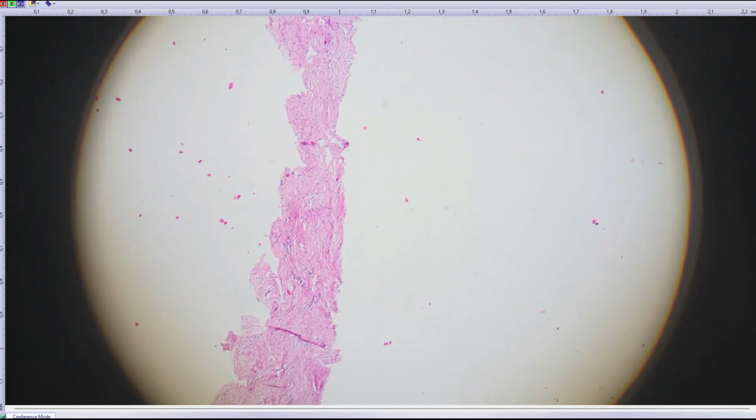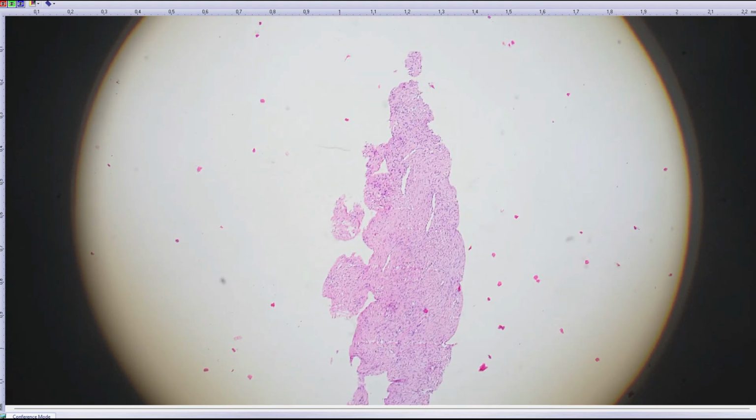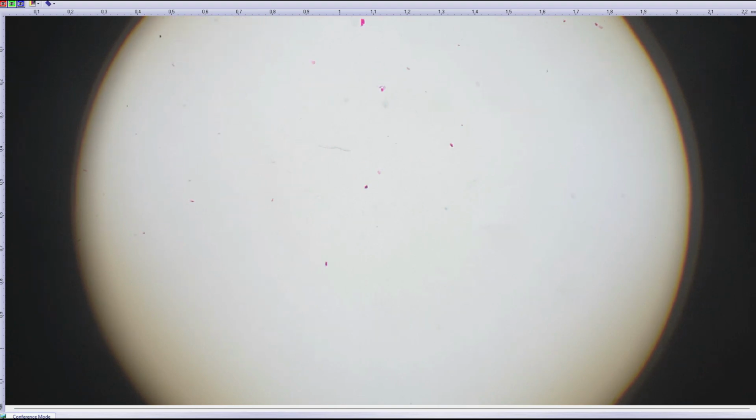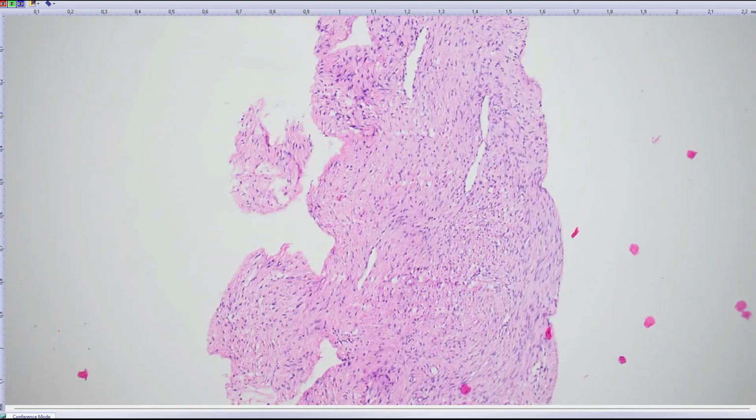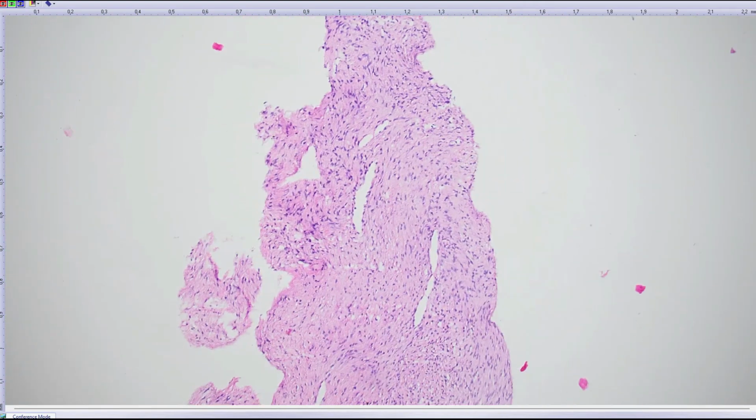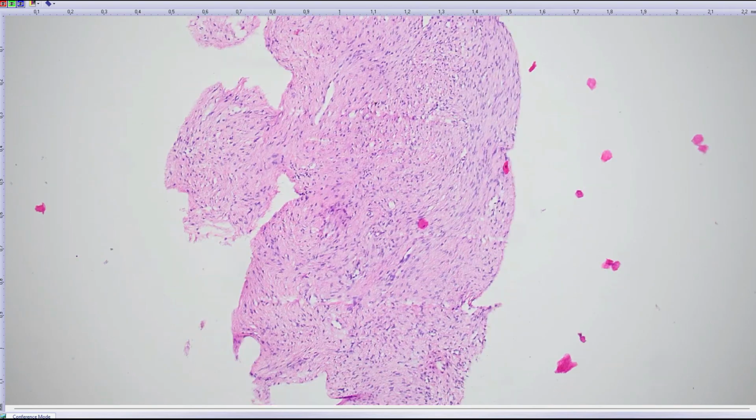So next case, a 44-year-old lady. She has a tumor in her psoas muscle, and based on CT scan and clinical examination, it's suspicious for sarcoma. We have a few of these punch biopsies. So here, indeed, is a quite cellular spindle cell tumor.